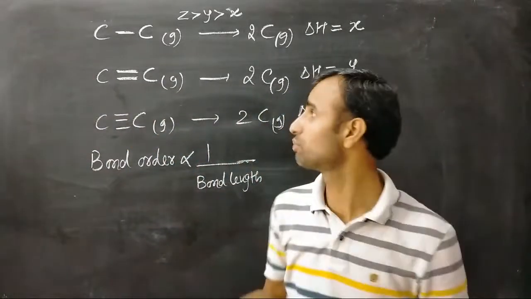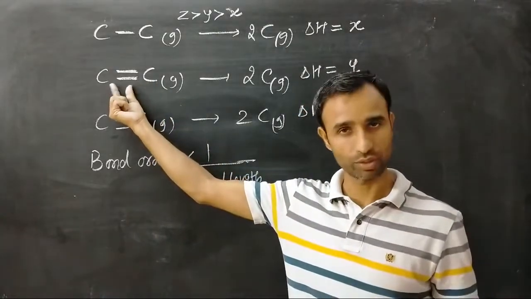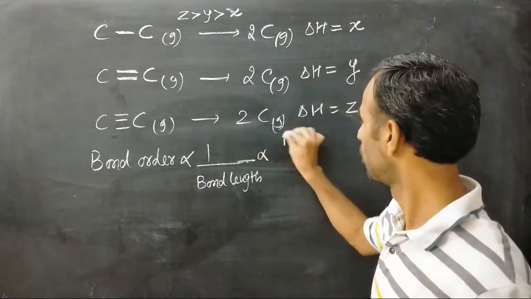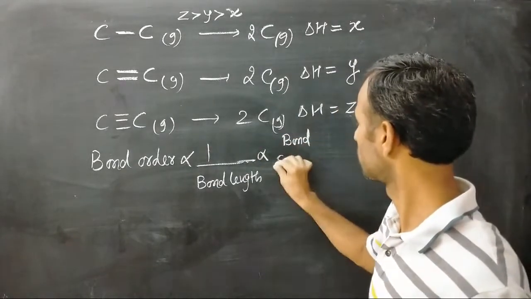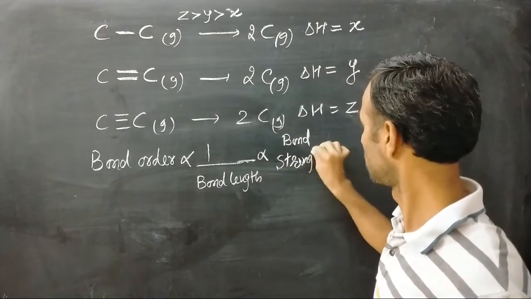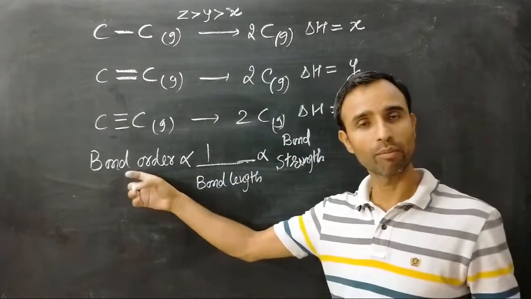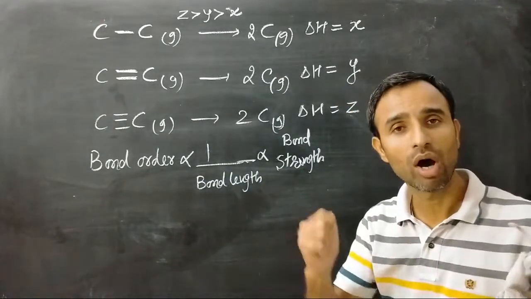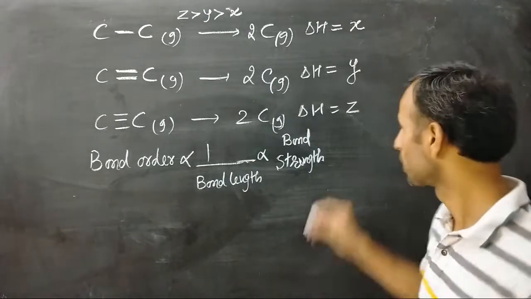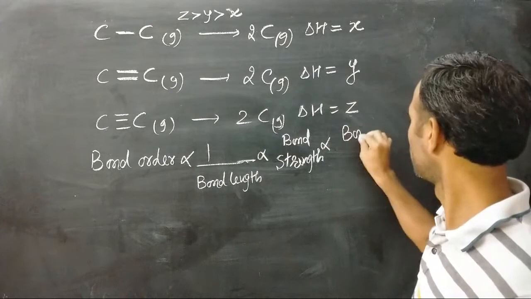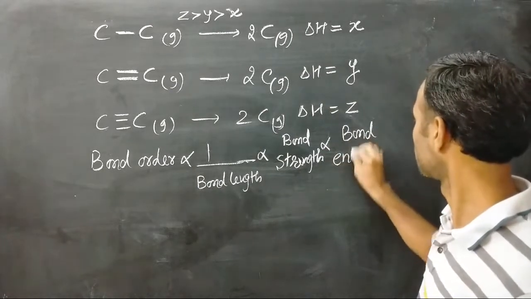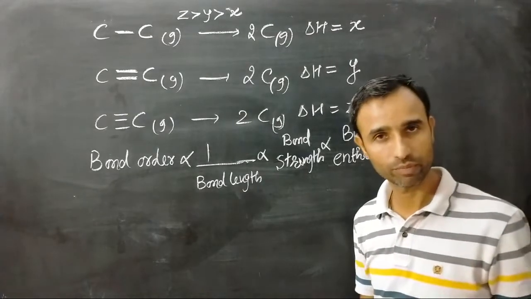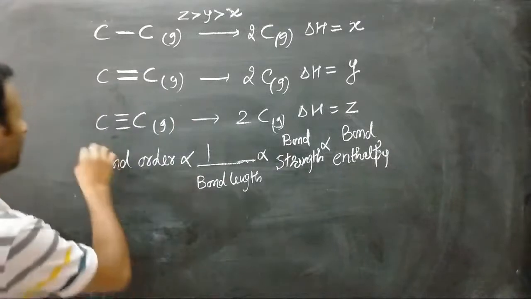Bond length means the distance between the two atoms. Bond order is proportional to bond strength. So the more the number of bonds, the greater the strength of the bond. Strength means how strong the bond is. And it is proportional to bond enthalpy, because the stronger the bond, the more energy is required to break the bond. This is the relation.